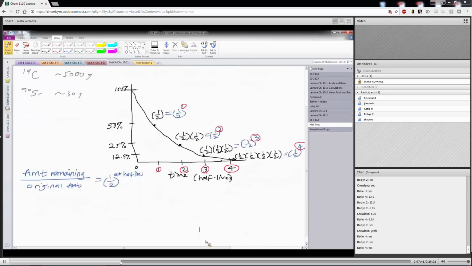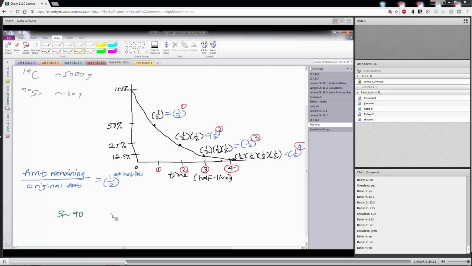And if 4 half-lives have occurred, then the fraction that remains is going to be 1/2 raised to the fourth, which is going to be 0.0625. That's the fraction.